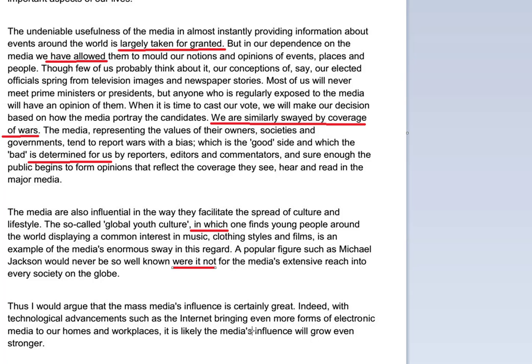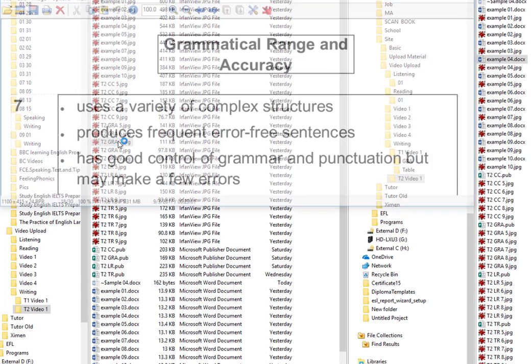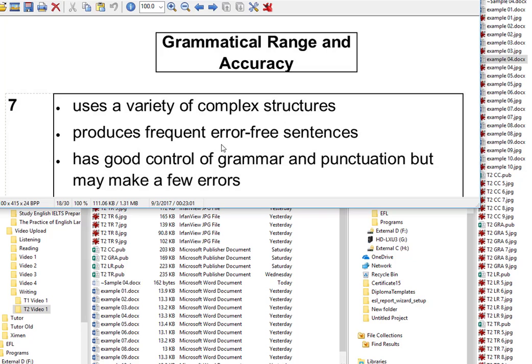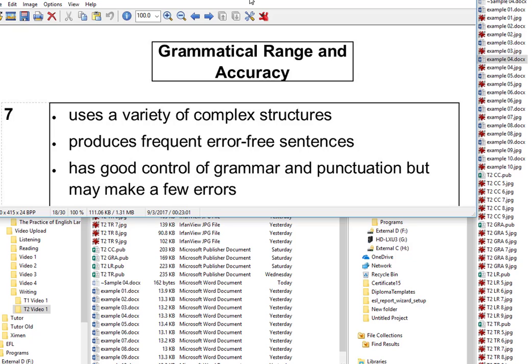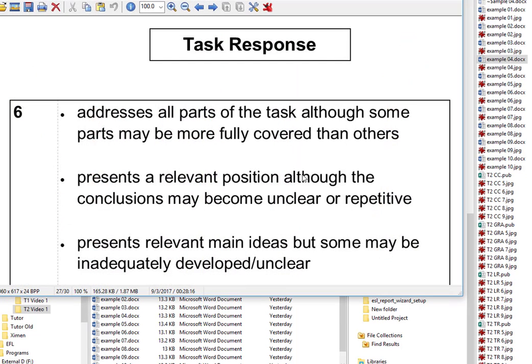Indeed, with technological advancements such as the internet, bringing even more forms, it is likely that many will grow. Okay, so as far as grammar goes, very few mistakes. Produces frequent error-free sentences. Well, of course, the reason for this is that someone actually sat down and wrote this. Okay, so the biggest problem was basically just with task response.